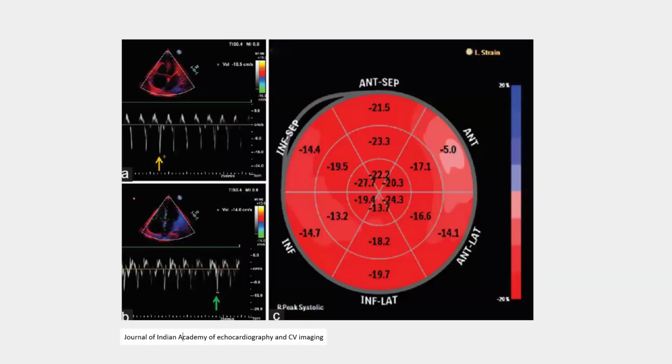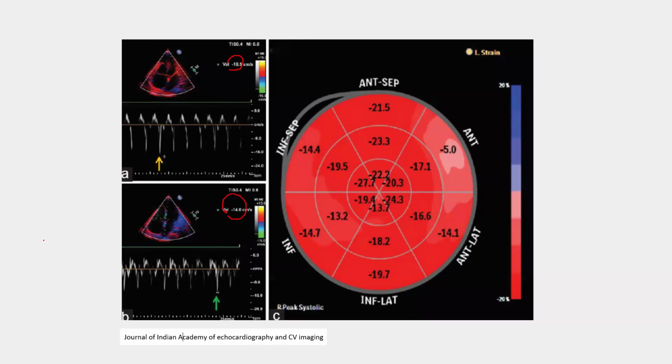Look at this one here. If we look here, this is a patient who is having an early form of constriction. If we look at the lateral E prime, it is 18. The medial E prime is 14.